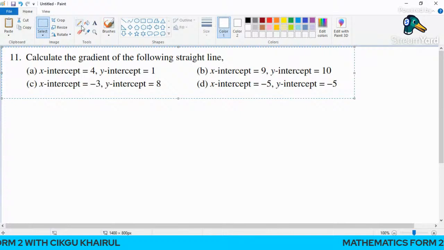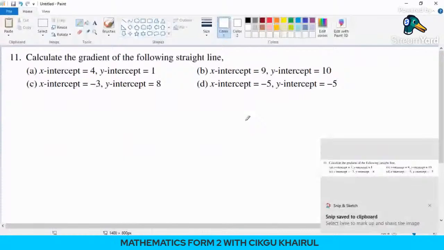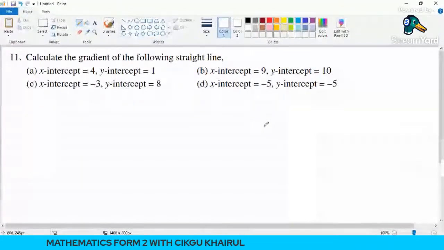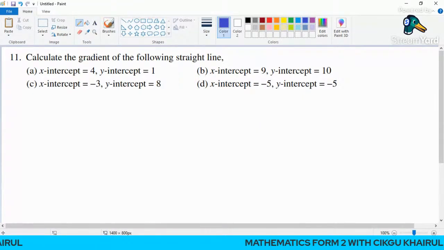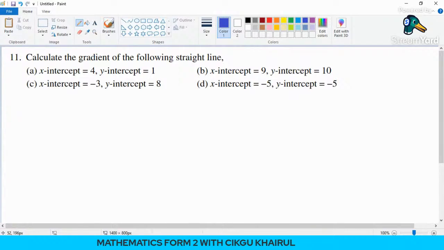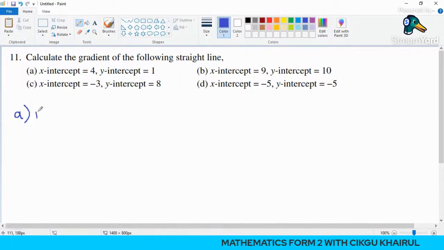Question number 11. Calculate the gradient of the following straight line. So given A, x-intercept equal to 4, and then y-intercept equal to 1. To solve this question, we use the formula. Maybe I write A here. Okay, to solve question A, we use this formula, gradient equal to negative.